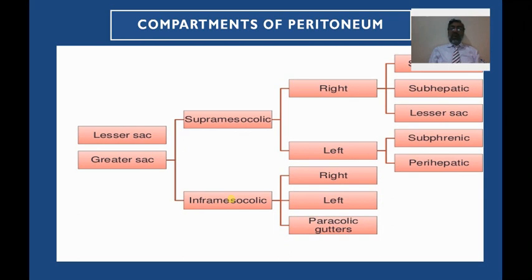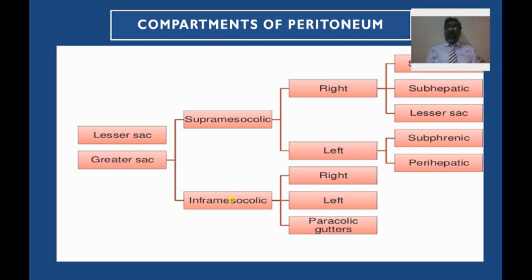Supramesocolic compartment is again divided into two portions. One is right, while the other one is left. On the right side, this space is again divided into portions. One is subphrenic, second one is subhepatic, and the third one is lesser sac.